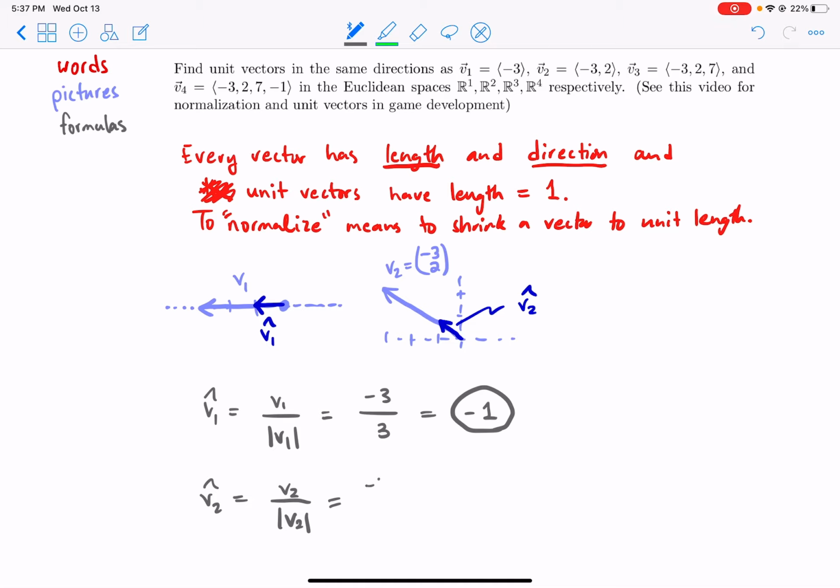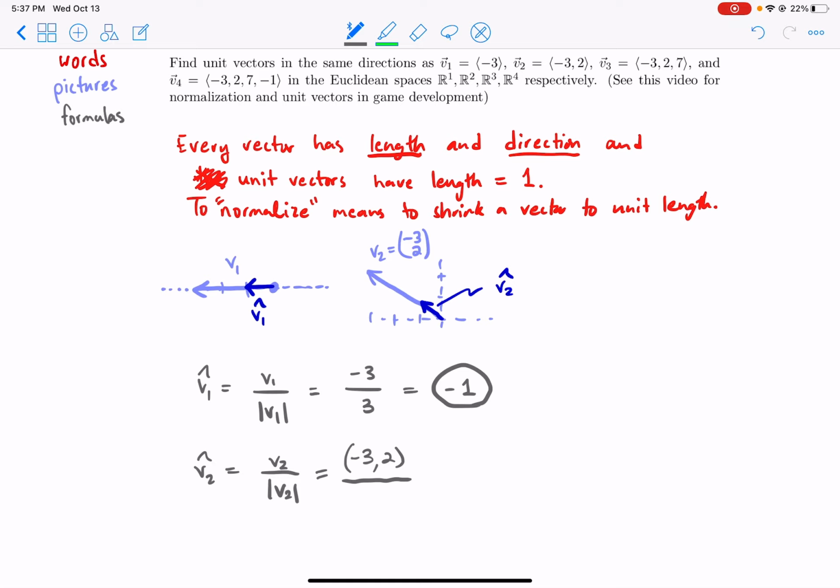What's V2? It's -3, 2. That's a vector. I'm going to divide it by a number. What's the number? Well, now I have to remember the formula. The length of a vector is the square root of v dot v.